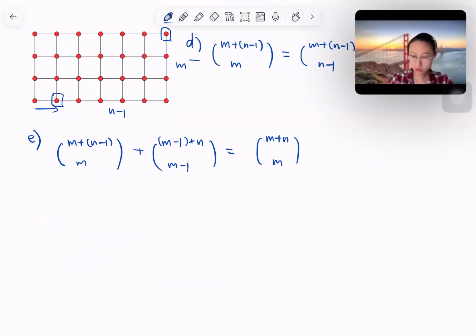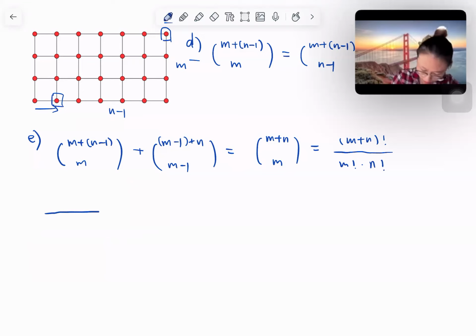If we want to prove that, we first need to do the simplification. This one is n plus n factorial divided by n factorial times n factorial.